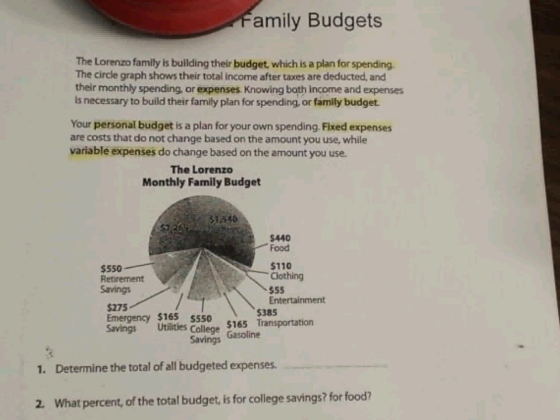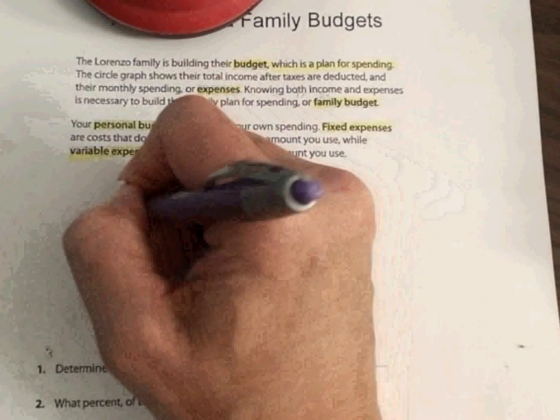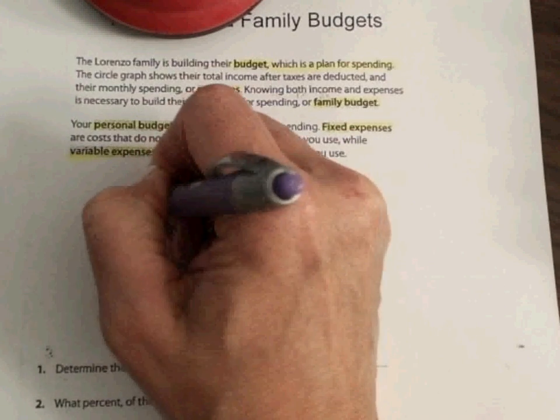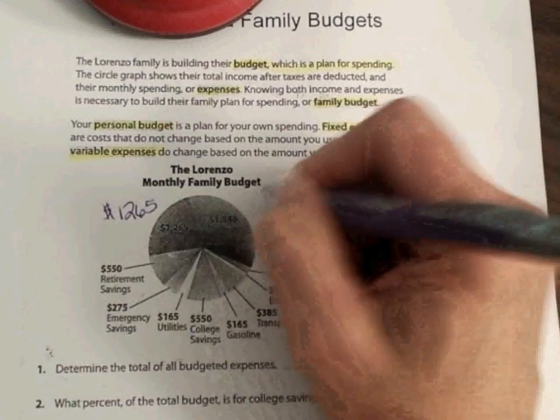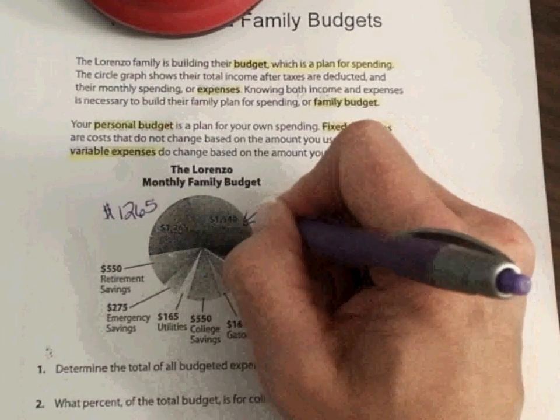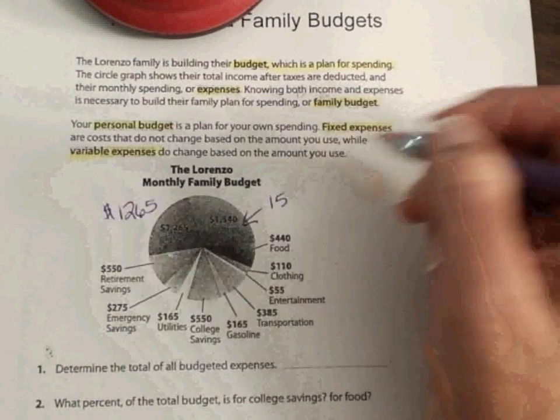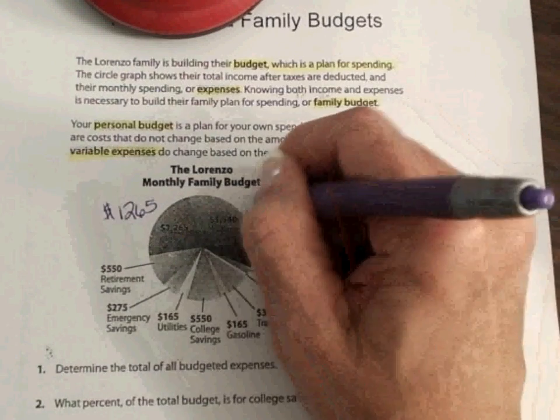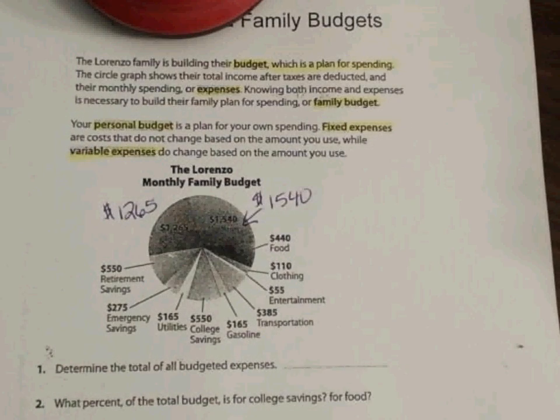So here's our budget. If you can't read it, taxes is right here, and it's $1,265. And housing is here, and it's $1,540. So let's go to number one. Determine the total of all budgeted expenses.